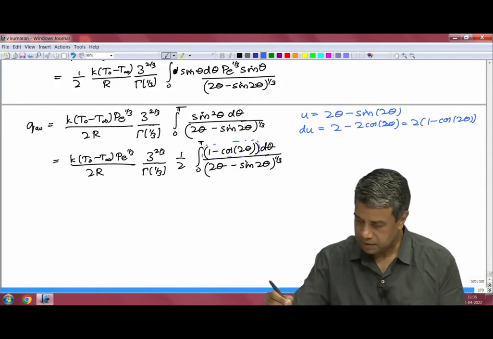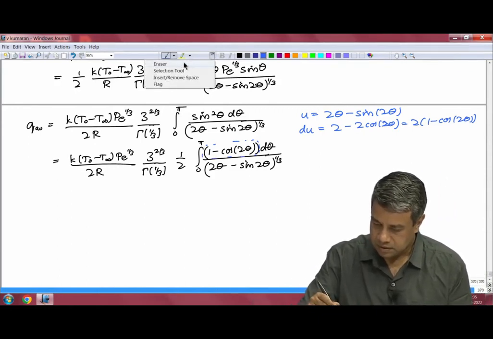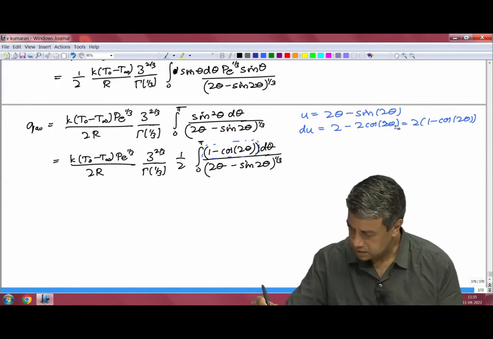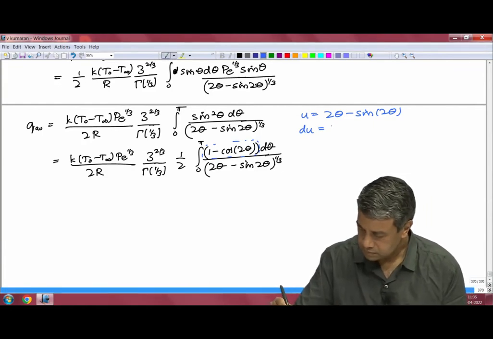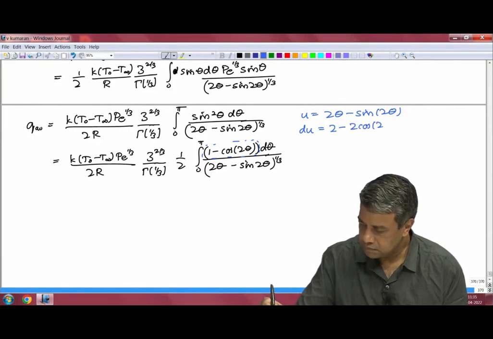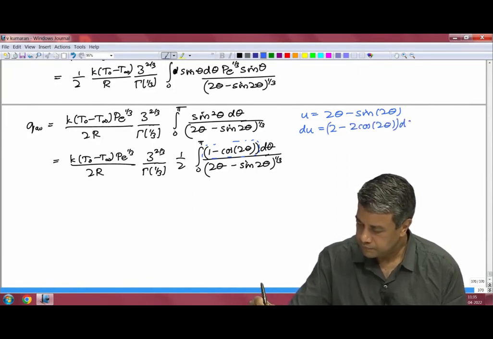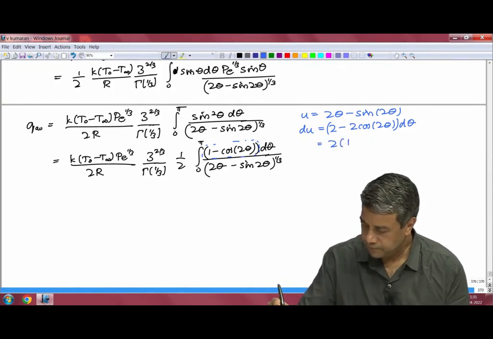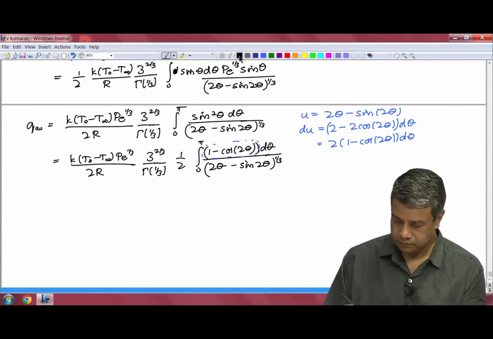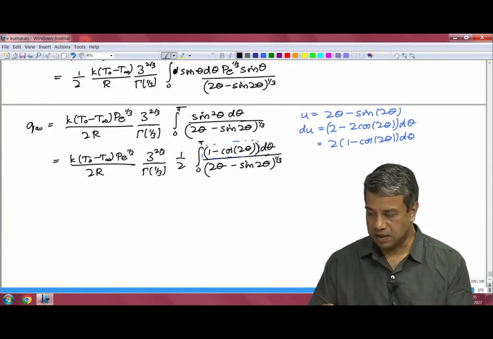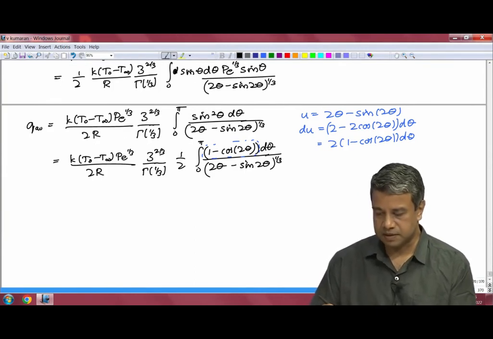So du is just 2 times the numerator; the numerator of this expression is just 1/2 of du.